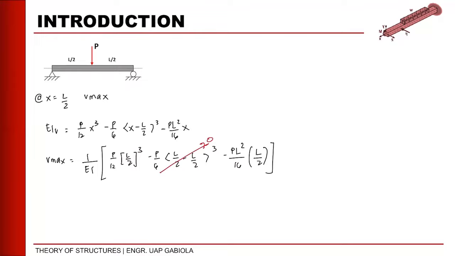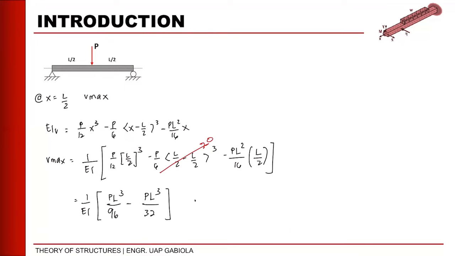Then, simplify natin yung remaining. 1 over EI. This will be P, L cube. And then 2 cube is 8 times 12. That is 96. Okay? Minus, this is P, L cube. So, 16 times 2 is 32. Okay?